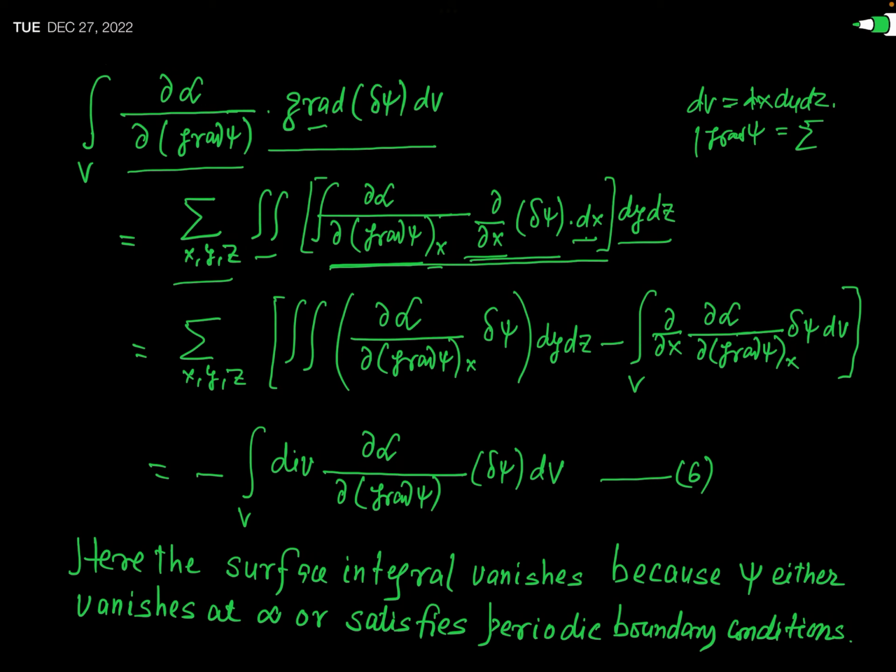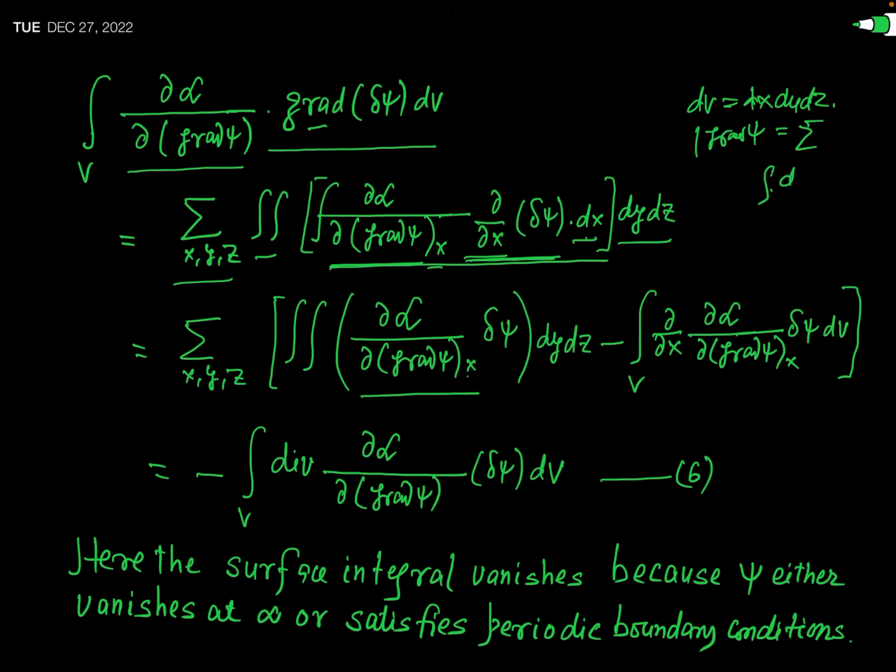According to this rule, you know that this is equal to first function, which I have written here, del L by del grad psi of x, times the integral of the second function. What is the second function? The second function is del x delta psi. And you know that the integral of this del x delta psi will be simply equal to delta psi.